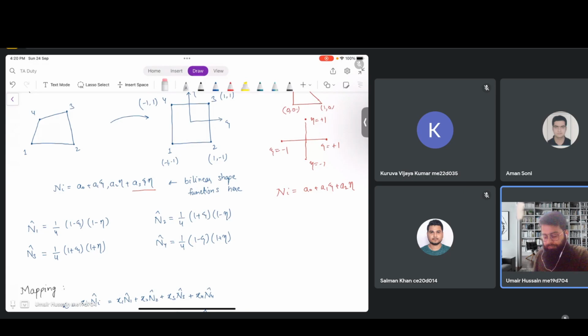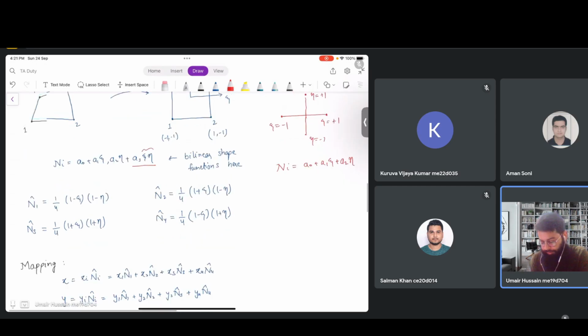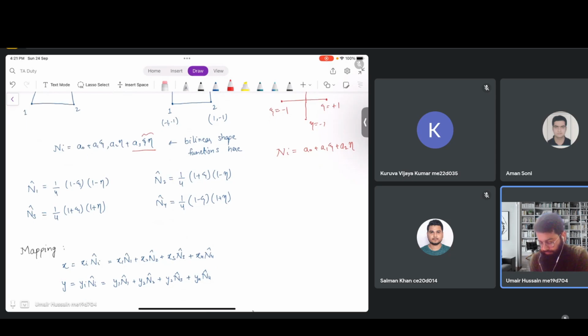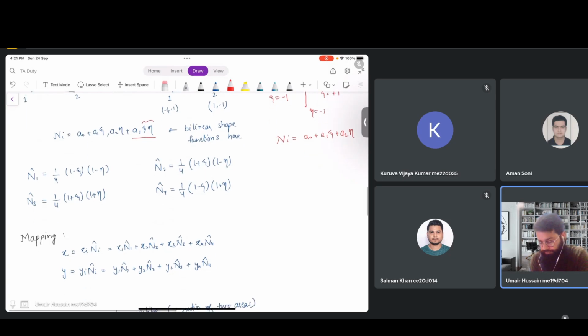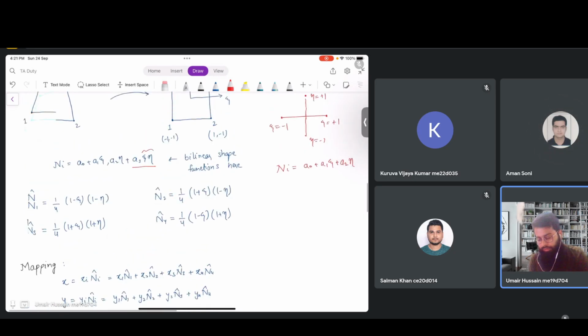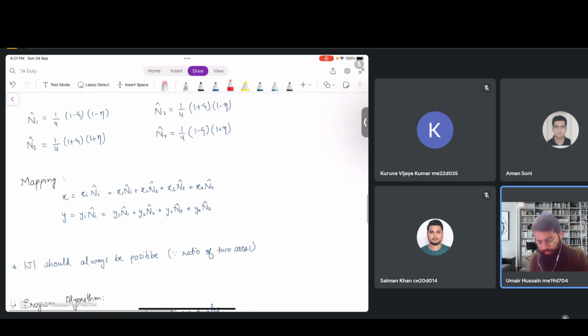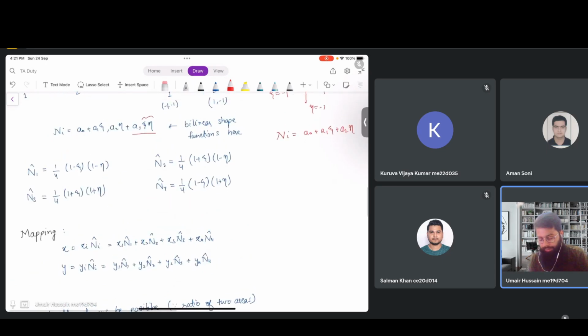This type of approximation is called a bilinear shape function, or bilinear approximation. It is linear in both xi and eta separately. We can say this is a second order term, but it's bilinear. These are the approximation functions for this type of standard element.